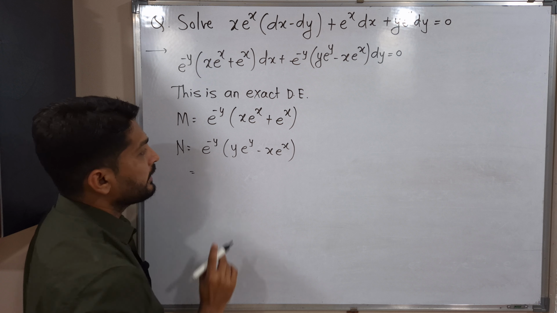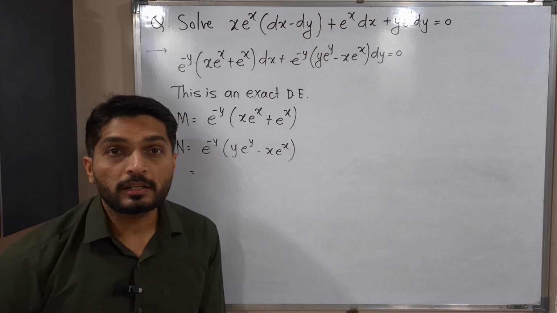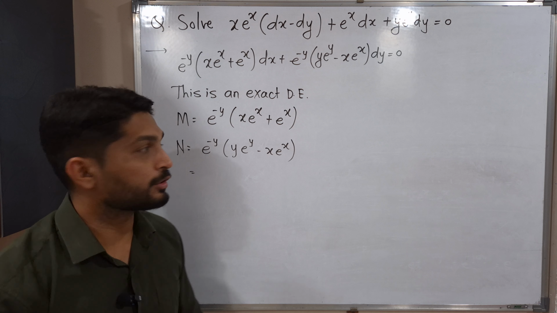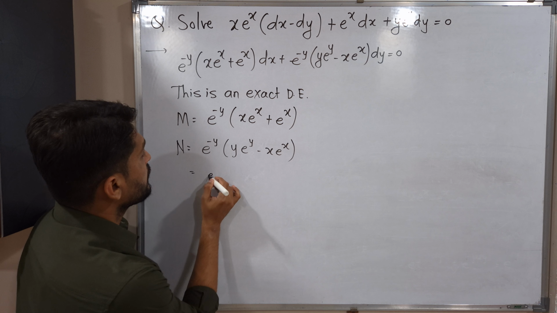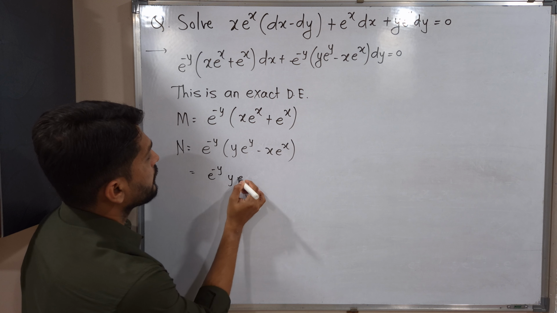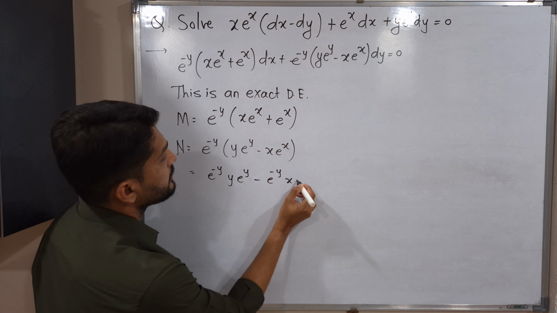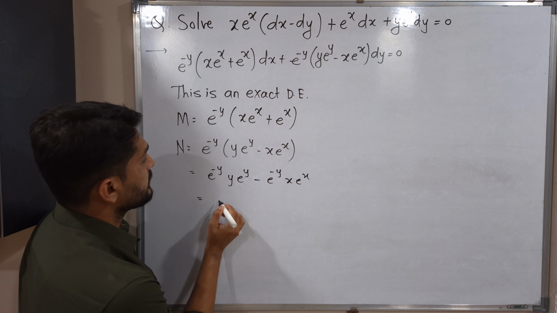What I feel is it will be better if you simplify this bracket. I hope some terms will get cancelled. So let us do e raised to minus y times y e raised to y, minus e raised to minus y times x e raised to x. This is equal to y.